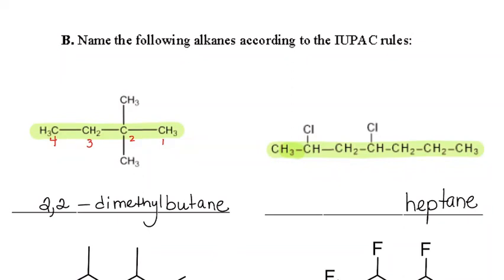If they're Cl. And since we have 2 of them, dichloro. Okay, now I give their location. 1, 2, 3, 4, 5, 6, 7. Great job. Thank you, Jenna. 2, 4 dichloroheptane.